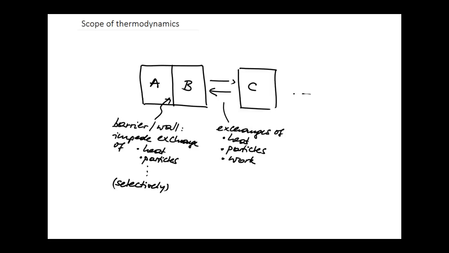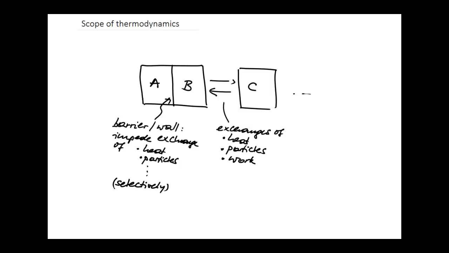You could have a wall or a barrier that is movable. It's like a piston. So the barrier can move in space. This allows for one system to perform work on the other. So this allows for exchange of energy in the form of work, but it impedes the exchange of particles.